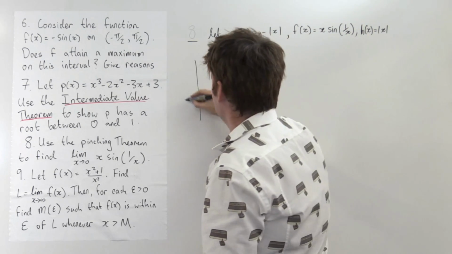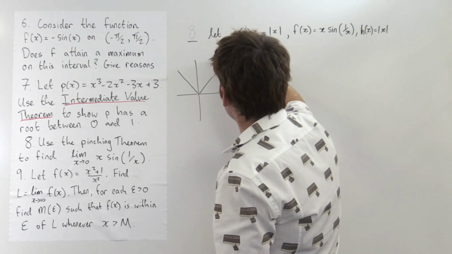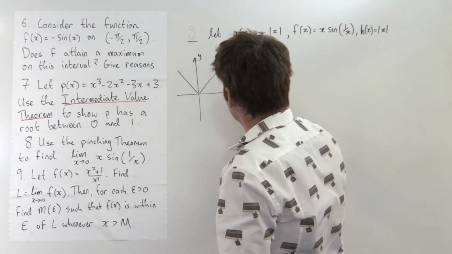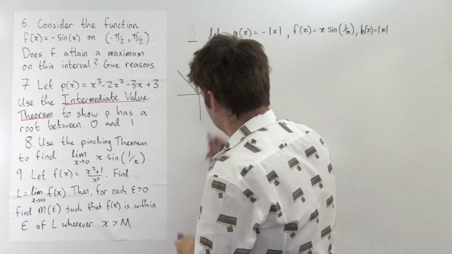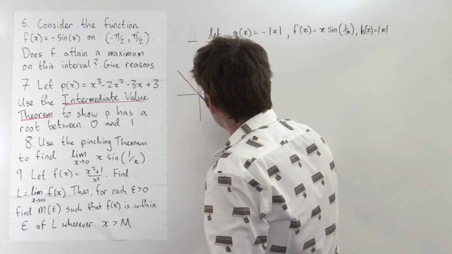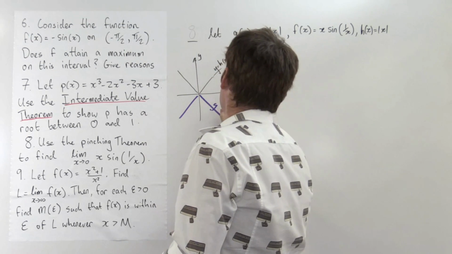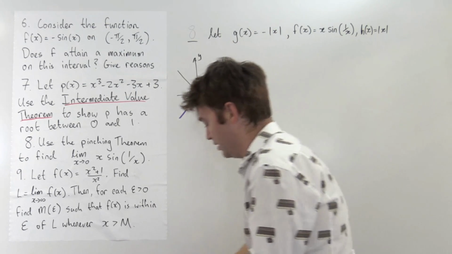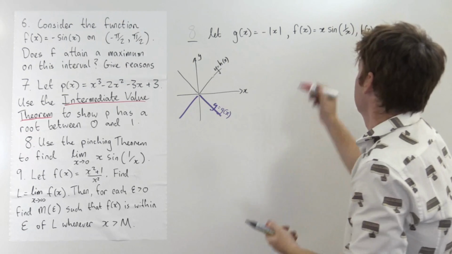Again, a picture, I must have a picture, is y equals h of x. I can do in purple the next one. And then in between, I've got f of x is x sine 1 on x.